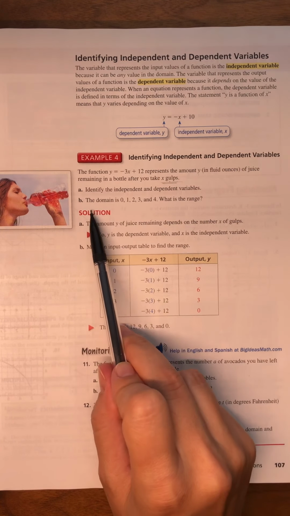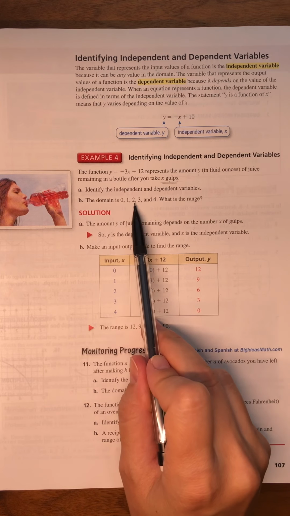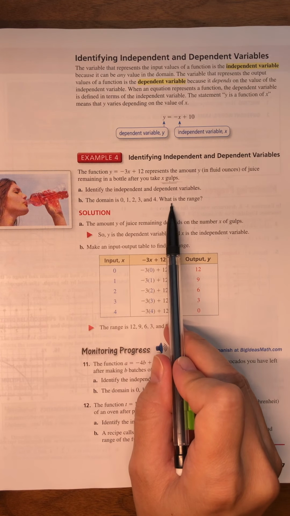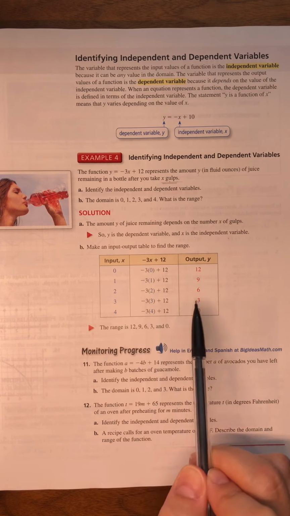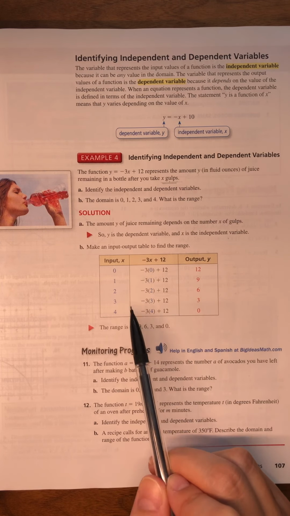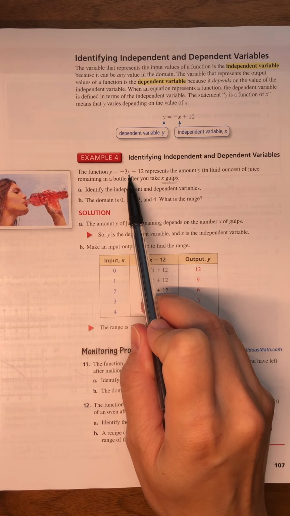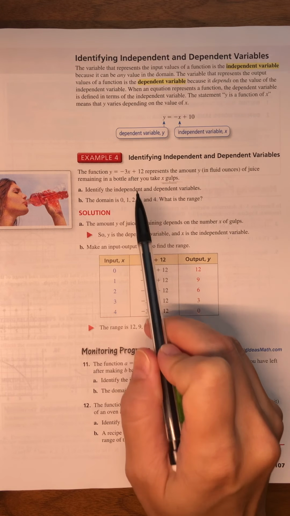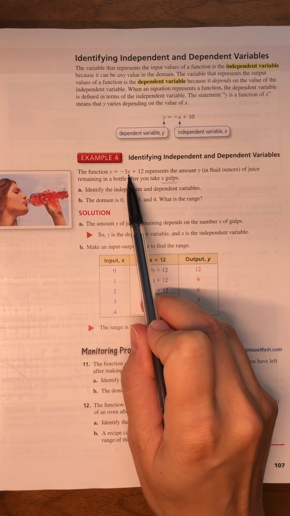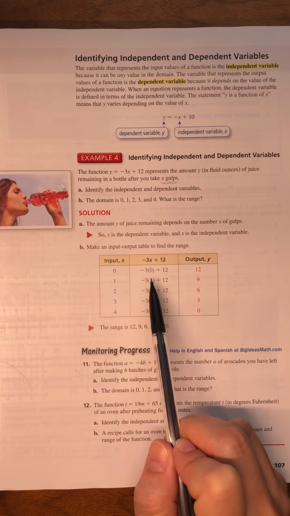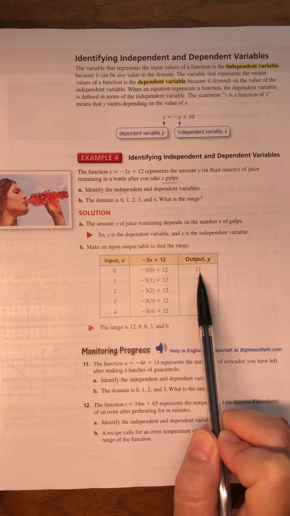Okay, our next step for part B, it says the domain is 0, 1, 2, 3, 4. What is the range? So what they did is they made a nice table here as a visual representation. You basically just want to take each x and plug it into the equation and find out what y would equal. So if I plug in 0 into this equation, 0 times -3 plus 12 would be 12.